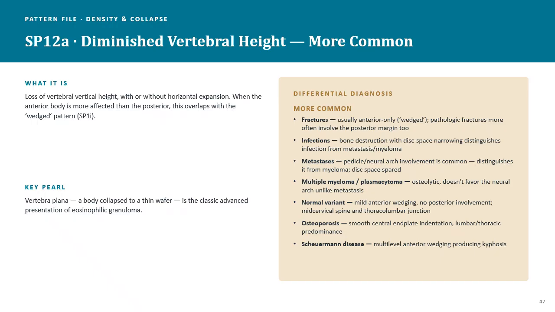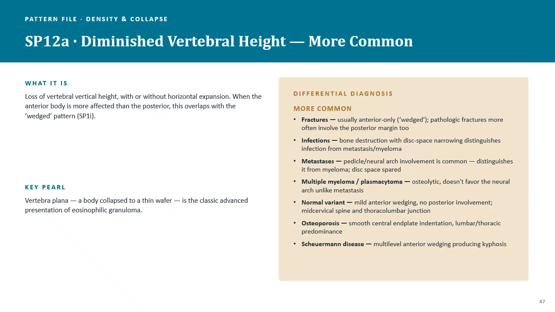If we see what we call a dramatic vertebral collapse, we will call that a vertebra plana. Plana means basically it became flat. So that vertebral body becomes extremely flattened out, almost like a pancake or a wafer. A classic cause of this collapse can be eosinophilic granuloma, specifically when we're talking about children.